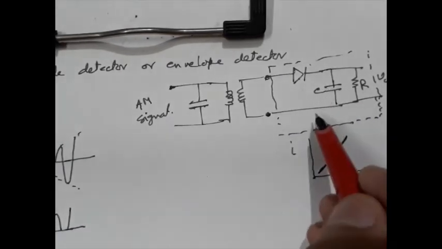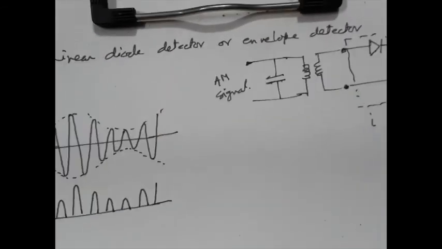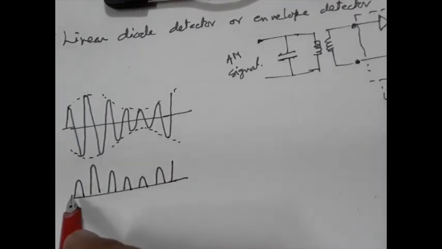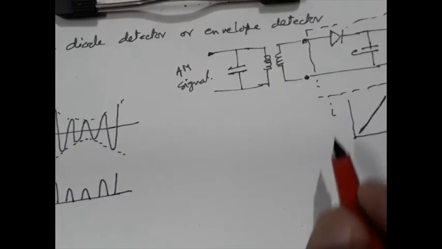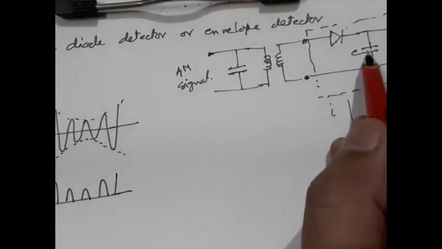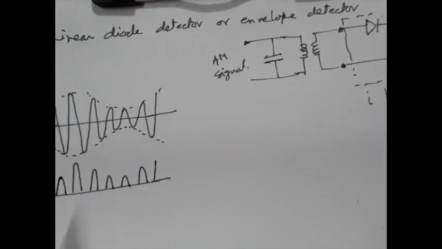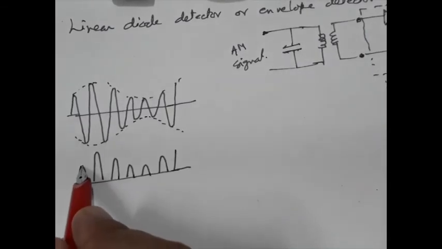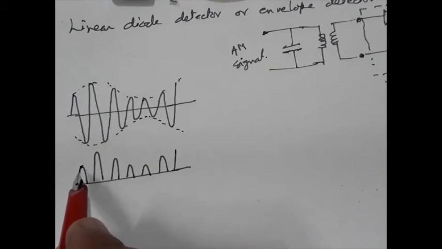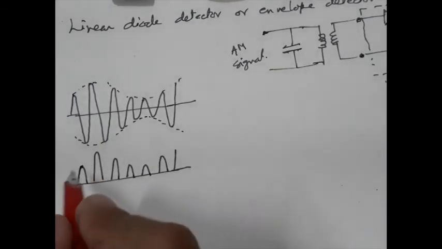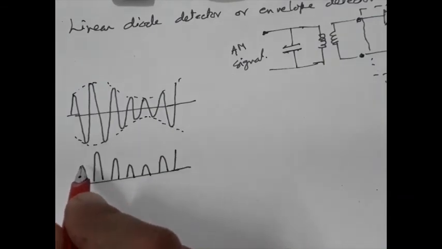What will the capacitor do? During this positive going voltage, the capacitor will get charged. At this point, the input voltage will try to reduce, but the capacitor will try to hold this charge.